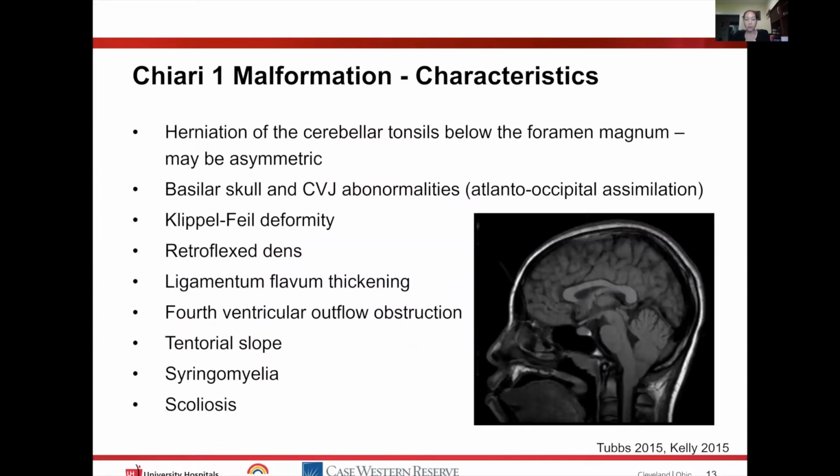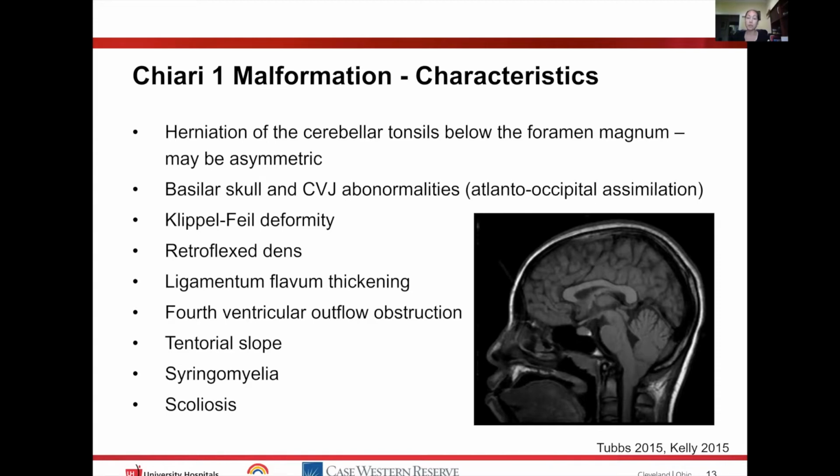So our Chiari 1 malformation, like we discussed, is herniation of the cerebellar tonsils below the foramen magnum. It doesn't have to be completely symmetric. In fact, oftentimes these patients will have a little bit of asymmetry with one tonsil herniated a little bit more.